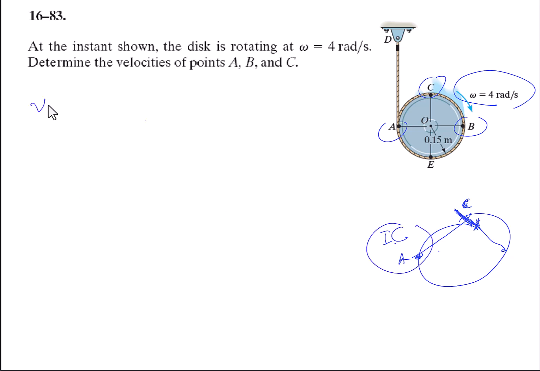So first off, the velocity at A is 0, because this is the instantaneous center of zero velocity.